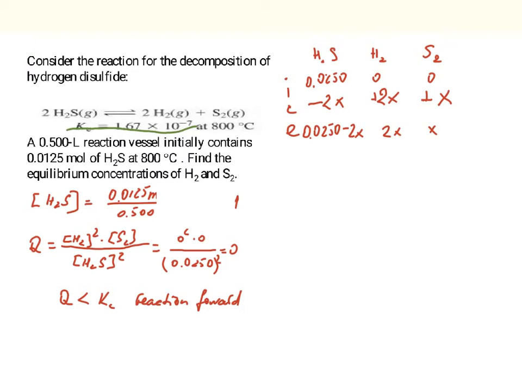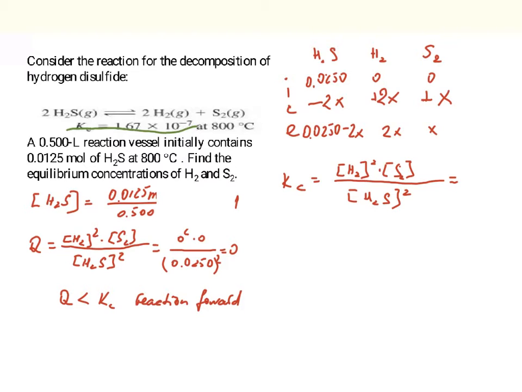Excellent. Now let us set up the expression for the equilibrium constant, and this is hydrogen squared times sulfur over hydrogen sulfide squared.